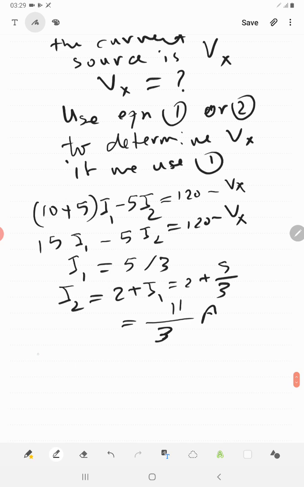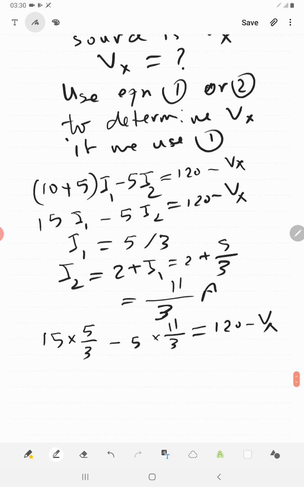So now 15 times I1, which is 5 over 3, minus 5 I2, which is 5 times 11 over 3, equal 120 minus Vx. So here we have 5 times 5 is 25 minus 55 over 3 equal 120 minus Vx.